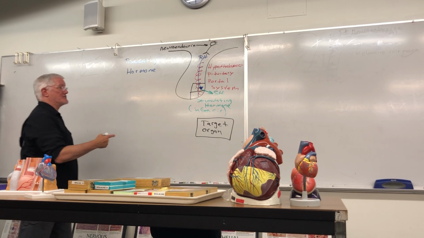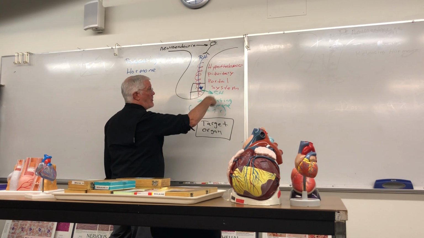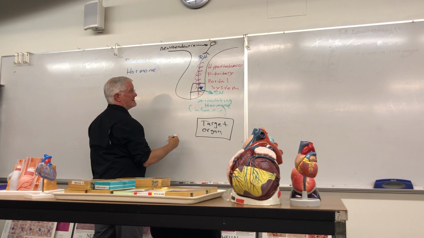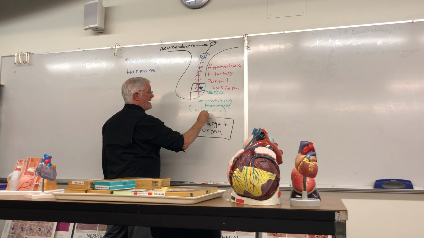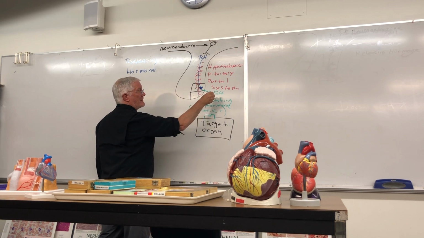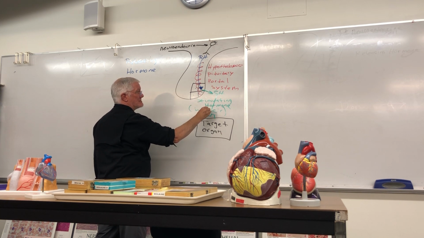Since that's in general circulation, that is the definition of a hormone, a chemical signal traveling through the circulatory system. It'll get to a receptor located on your target organ. So I'm going to cut through my word here, and I'm going to bring the SH right to my receptor.